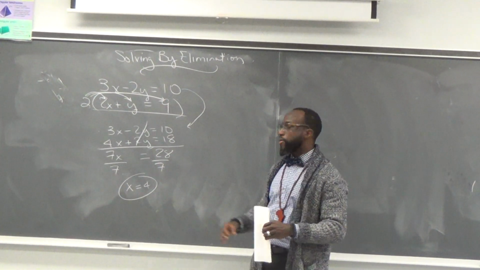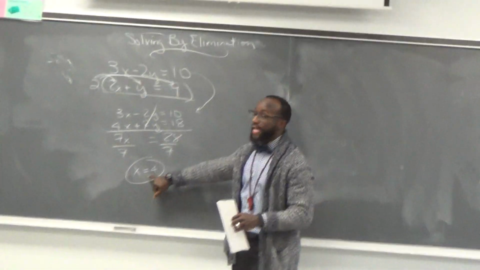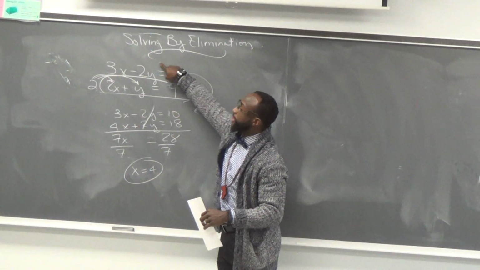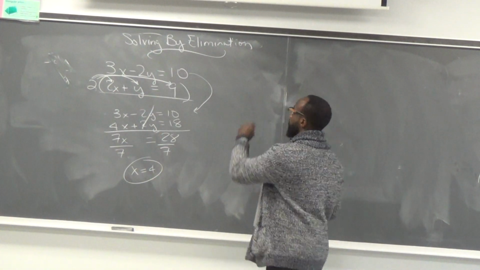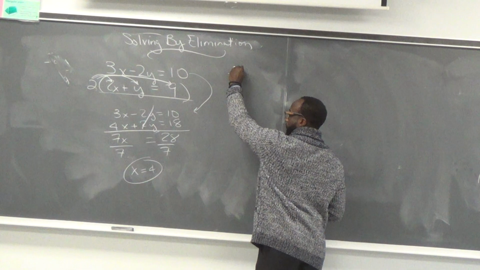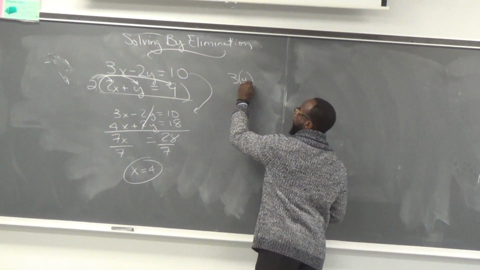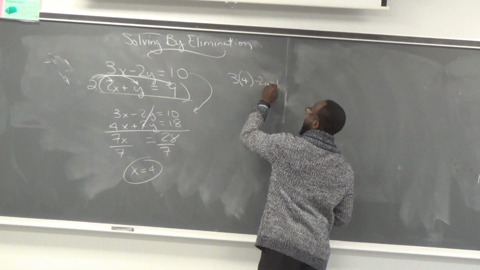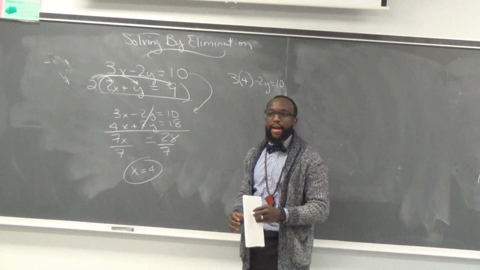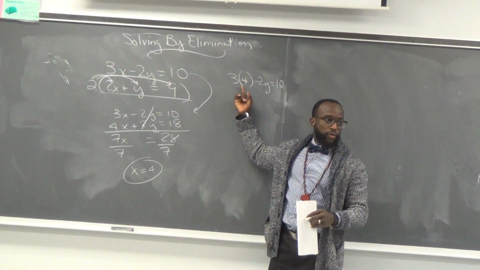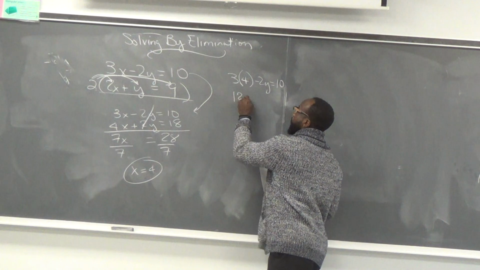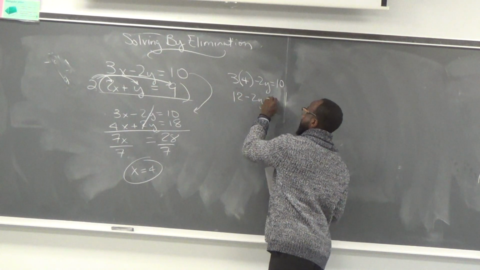Now we're going to take this 4 and substitute it into any one of these equations. We can put it in the first equation: 3 times x minus 2y equals 10. 3 times 4 is 12, minus 2y equals 10.